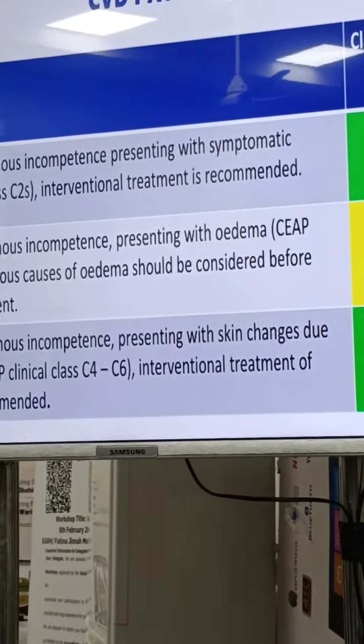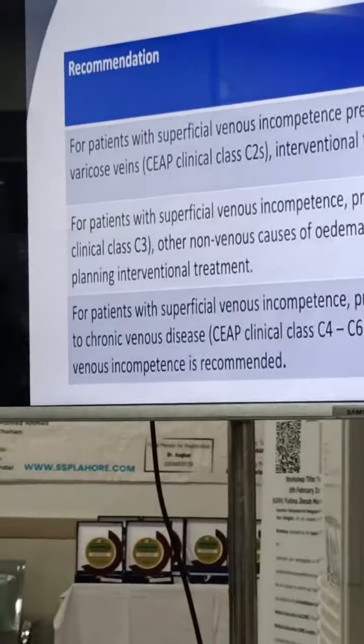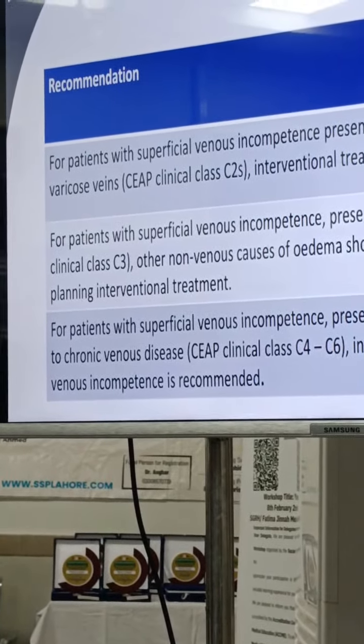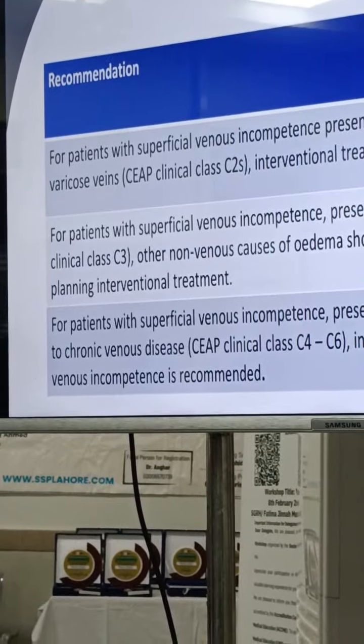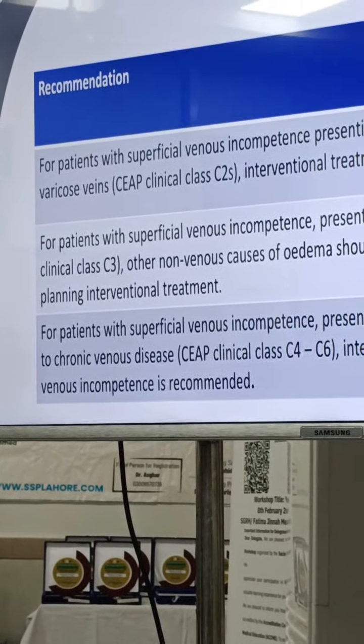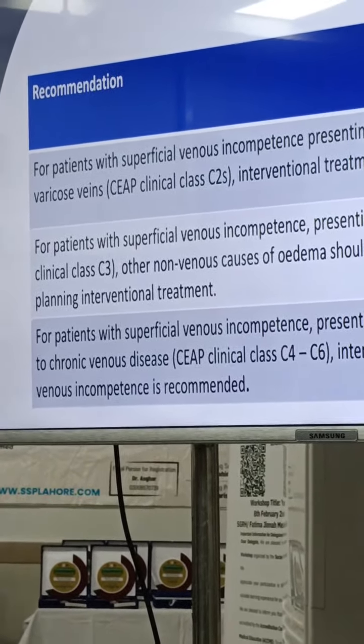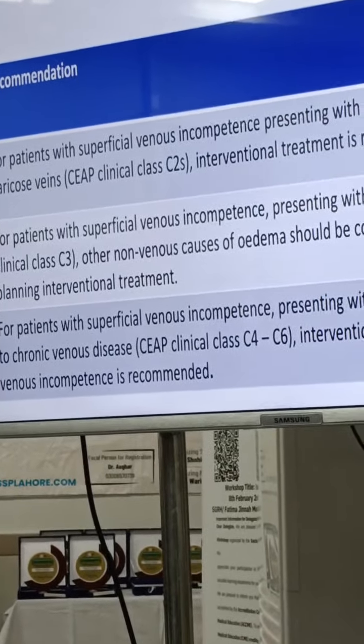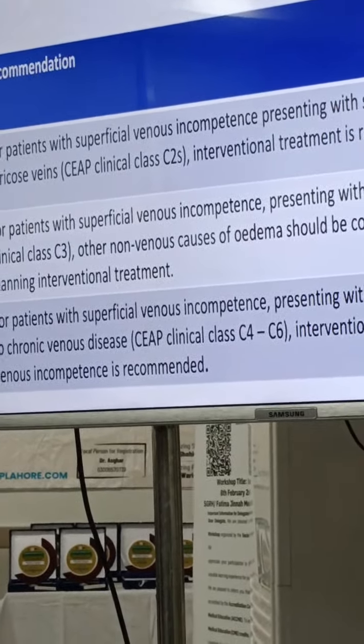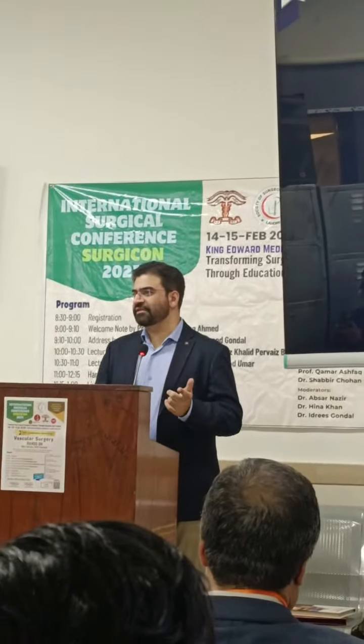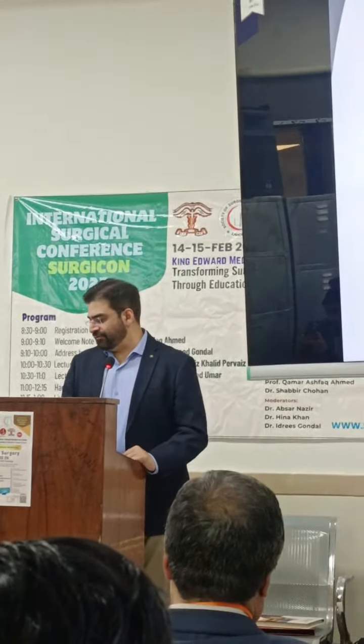Only C3 disease, where there is edema, you just have to probe the edema first for other causes of edema. And you have to rule out other causes of edema. And once they are settled and edema turns out to be venous, then you will treat that patient as well.